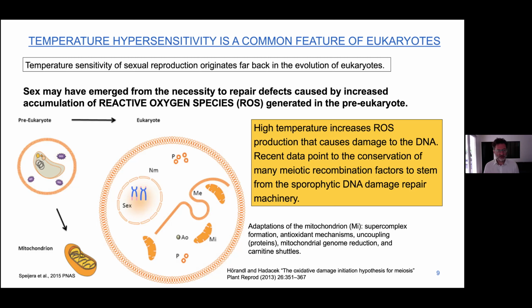And when we look at the system of meiosis and meiotic recombination, these factors are in fact very similar to the DNA repair mechanism that also exists in the vegetative cells. So perhaps the reason why meiotic recombination takes place is because of increased ROS production upon high temperature.